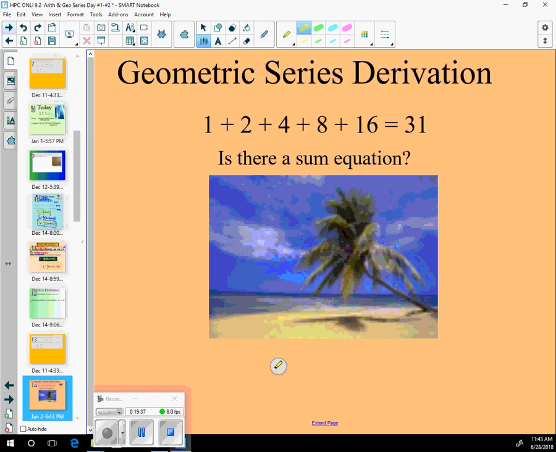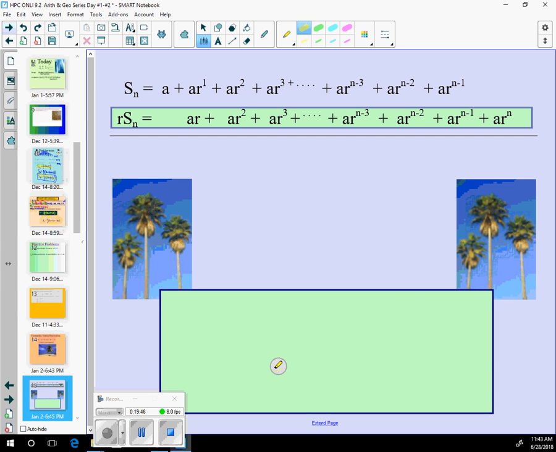Okay, let's do geometric quick. You can't use that sum formula for arithmetic; you're going to have to use something different. So what we're going to do is take the sum formula for geometric, a plus ar plus ar squared, and so on, all the way to the last term, ar to the n minus 1.